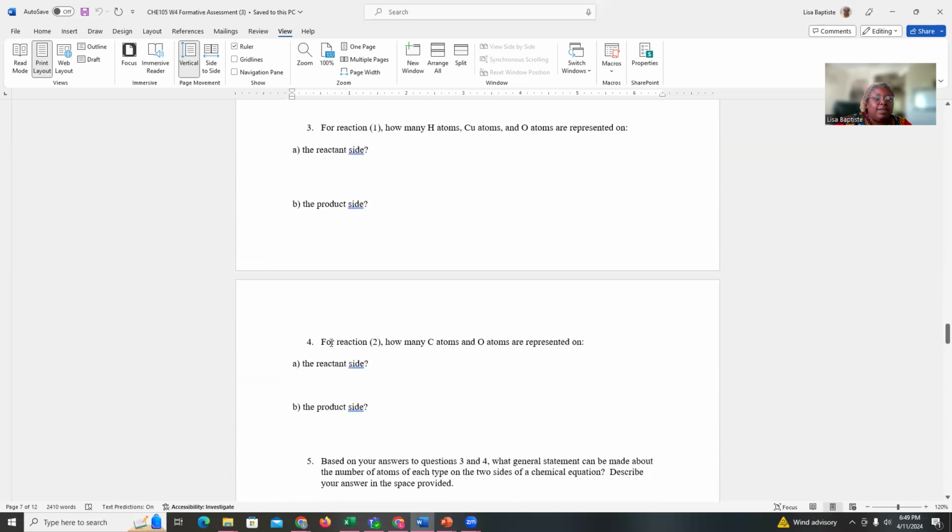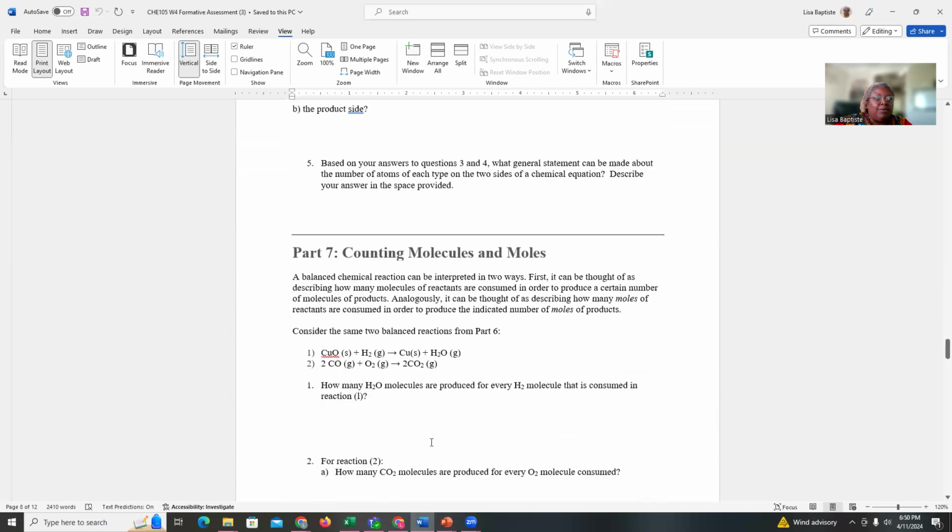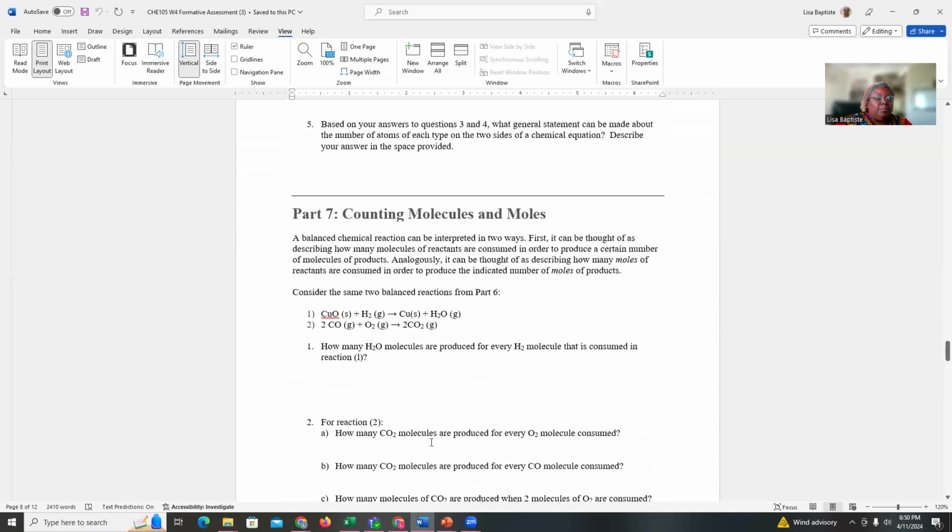Okay. And then the same thing for reaction 2. Now we want to calculate the molecules and the moles. Once your reaction has balanced, then you are using those numbers to represent the number of molecules as well as the number of moles. So that's what the coefficients represent.